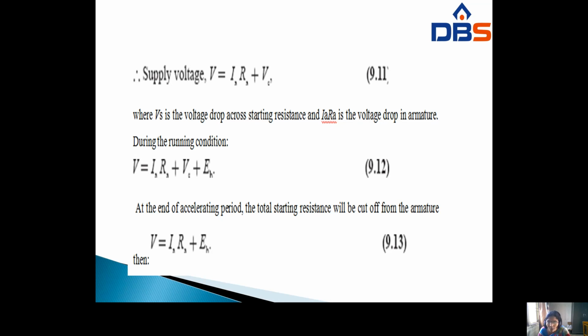At that time the Vs value will be 0. At the end of the accelerating period, the total starting resistance will be cut off from the armature, so the Vs will be cut off. That's why here you can write V equal to Ia Ra plus Eb. So the Vs value will be cut off from the supply.